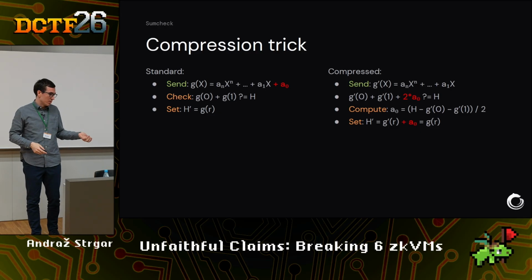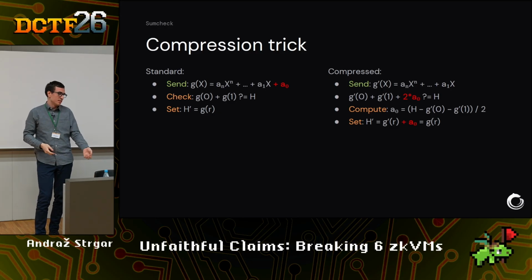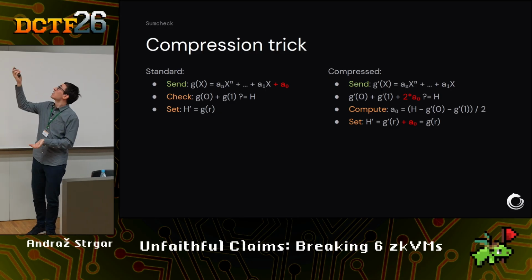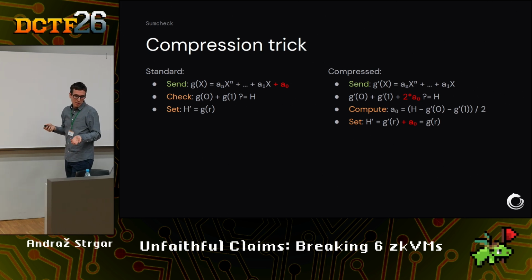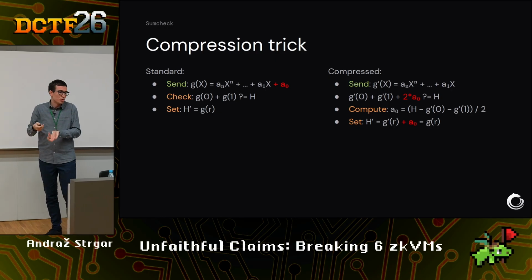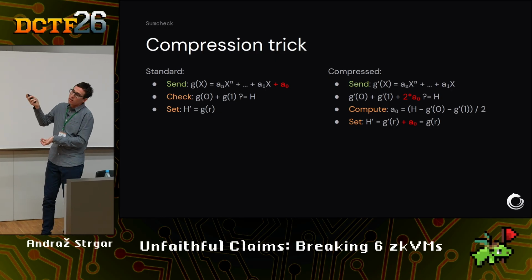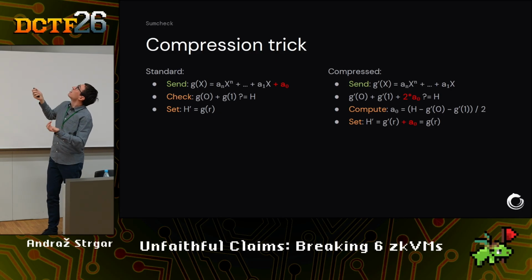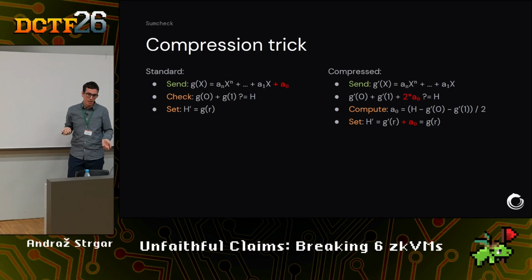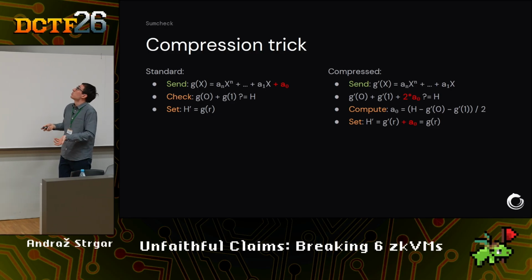If we remove this a0, and we sum up g evaluated at 0 and g evaluated at 1, and add back this a0 twice, we should get back to h. This gives us an equation that, if we turn it around a bit, we get this thing, which essentially tells the verifier how to compute a0.